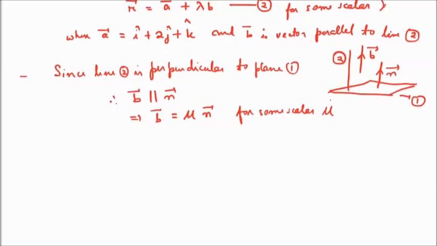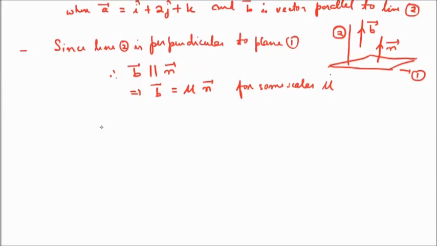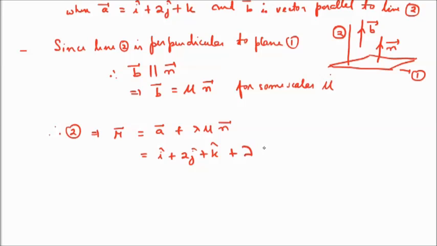So now my equation number 2, the equation of the line, becomes r vector equal to a vector plus lambda into mu times n vector. So let us just put the value of a vector, it is i cap plus 2j cap plus k cap, and let us name this lambda into mu, this scalar, because lambda is a scalar and mu is also a scalar, so their product will also be a scalar, so this will be say nu.